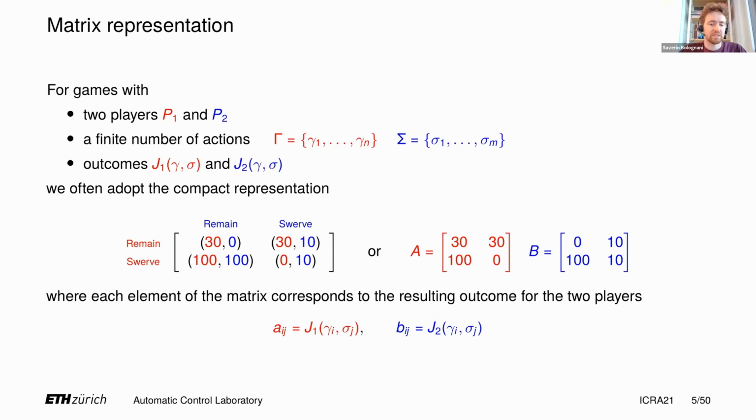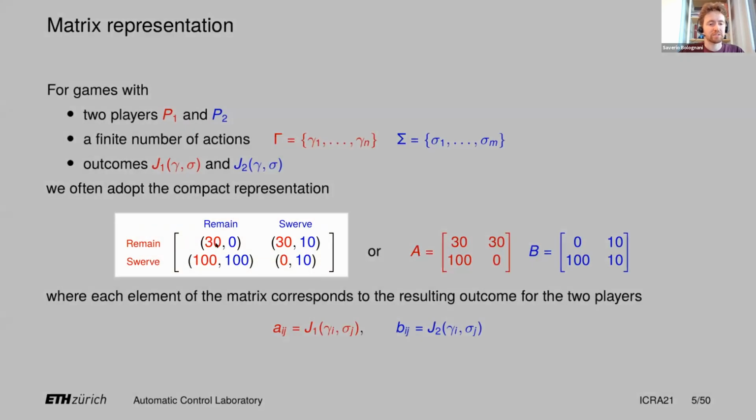There's a compact representation every time you have finite actions and only two players, which is the matrix representation. And it's quite intuitive, right? It's basically the matrix that you've seen before with the plots, but in mathematical form. In every block of the matrix, what you have is the pair of costs, or outcomes, for the two players.